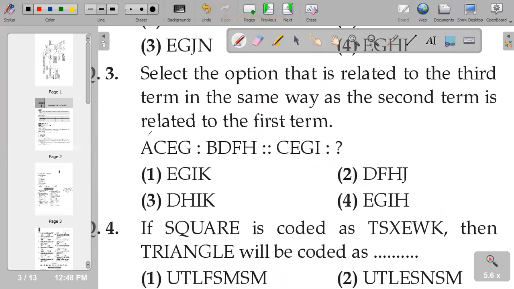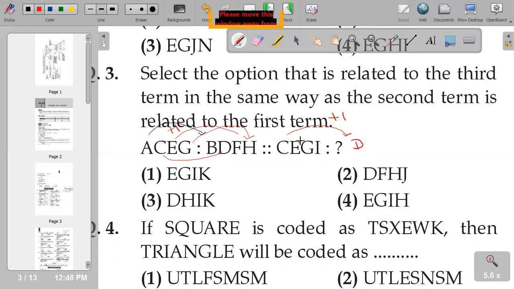A to B, how much are we adding? Just adding plus 1. C to D plus 1. E to F plus 1. G to H plus 1. So when we got the logic, we are adding just plus 1, just moving to the next alphabet.